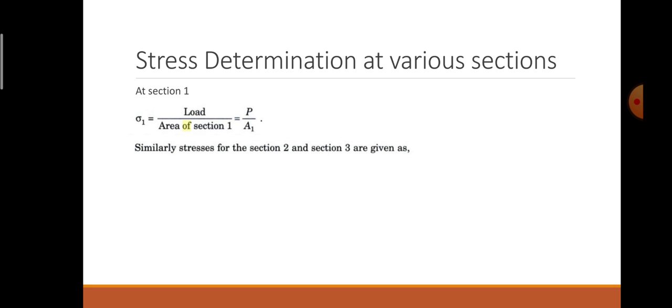Here the load remains constant because the same load is applied throughout, equal to P. So sigma 1 is equal to P by A1. Similarly, the stresses for sections 2 and 3 are sigma 2 equal to P by A2 and sigma 3 equal to P by A3.